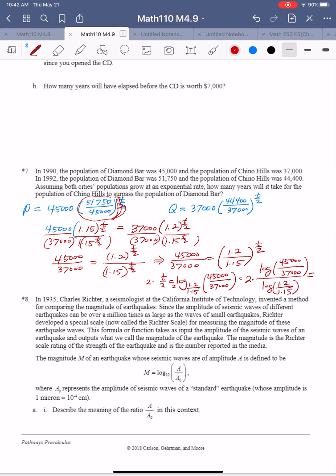And then it becomes about 9.2. So about 9.2 years, and it will surpass, which means the population of Chino Hills will be more than the population of Diamond Bar. All right, thank you for listening.